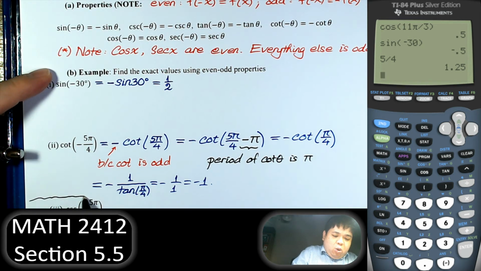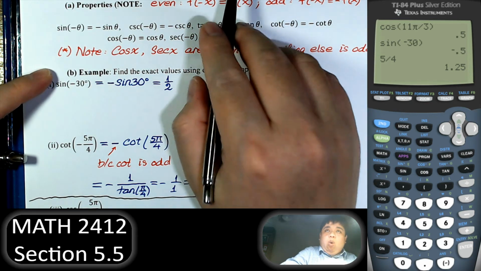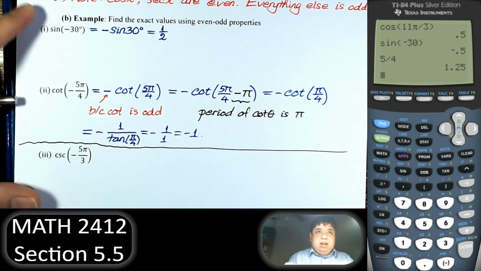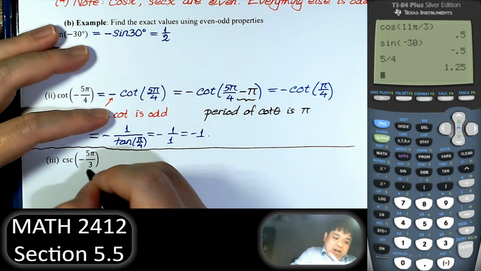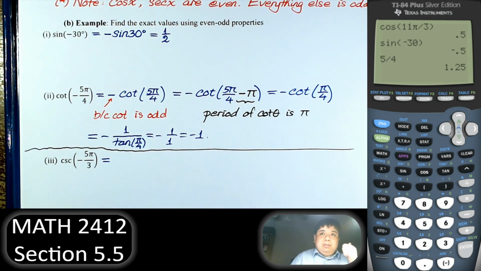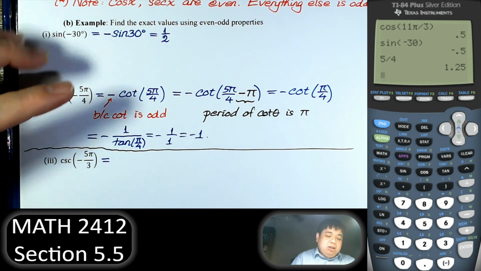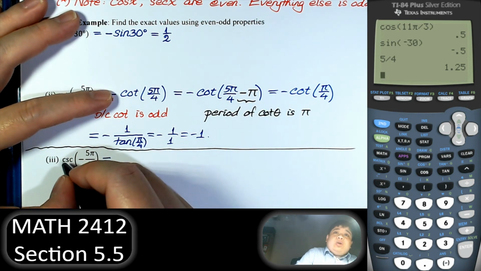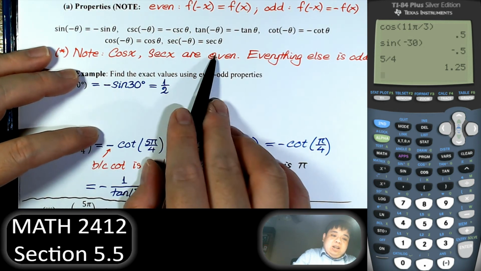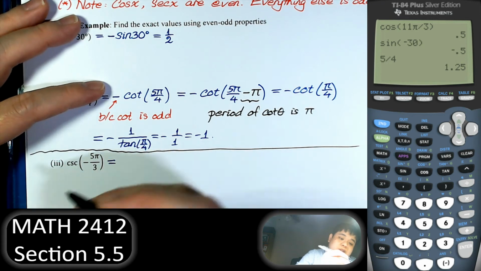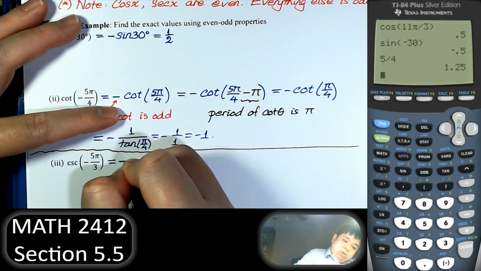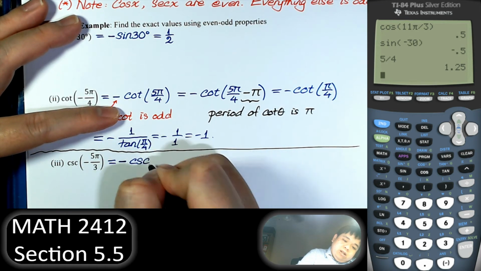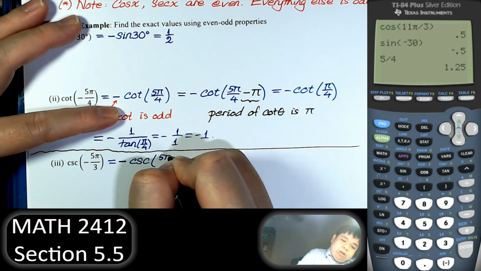Of course, we can always use the reference angle and the quadrant like we did in the previous section. But what I do here is use what we have in this section, namely the period and even and odd. Cosecant is odd, so it is equal to negative cosecant of 5 pi over 3.